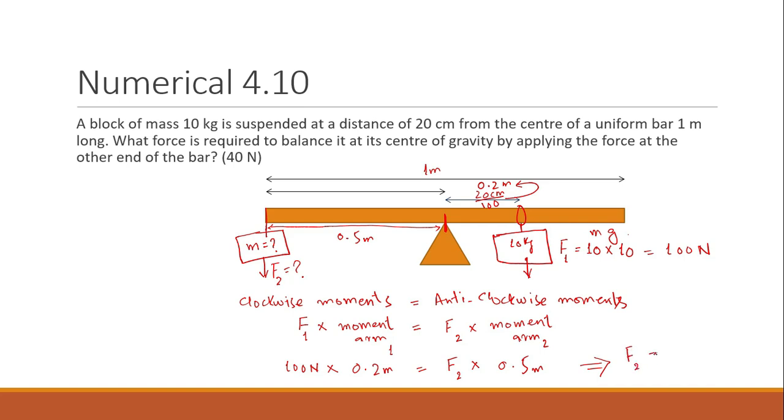F2 is equal to 100 Newton multiplied by 0.2 meter divided by 0.5 meter. The answer is equal to 40 Newton. So a 40 Newton force is required to balance this bar.